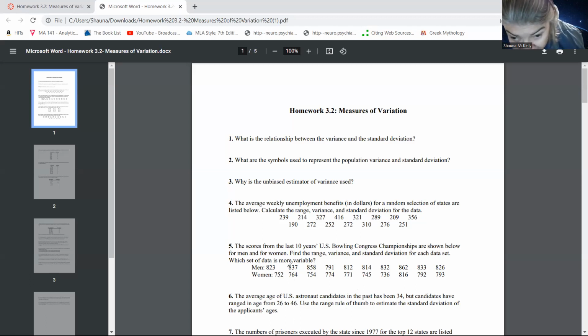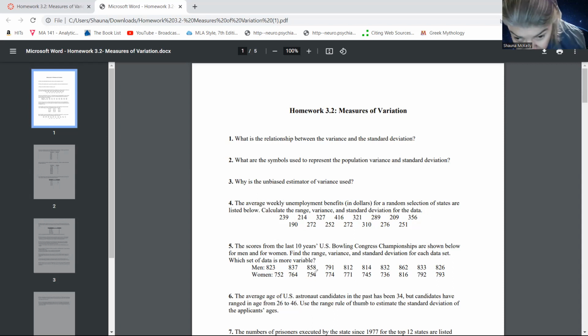The top row is men, the bottom row is women. Okay. The way this works is that you treat the men as one sample, you find the mean and the standard deviation for the men, you find the mean and the standard deviation for the women. Then you find the covariance, and whichever one is greater has more variability. Okay, but that's where it comes from.